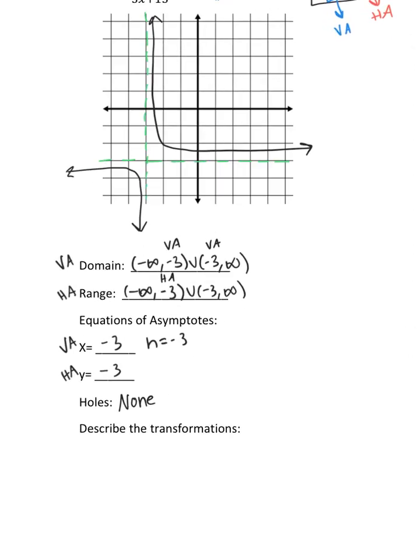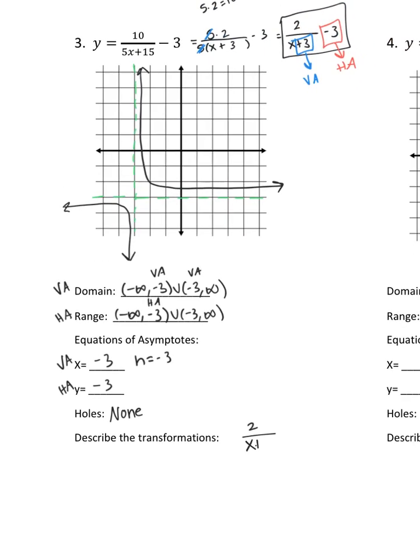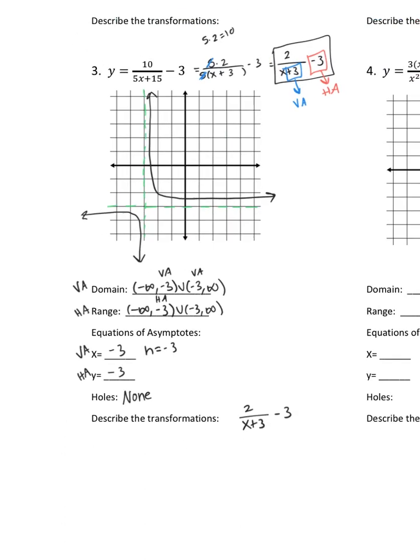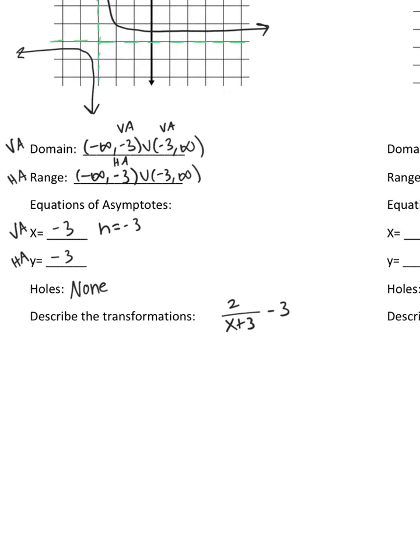For transformations, this is the function that we're looking at. My a value is 2 because that's the number on the top of the fraction. My h value is -3 because that's on the bottom of the fraction connected to the x. That value always changes sign. It flips to the opposite sign.